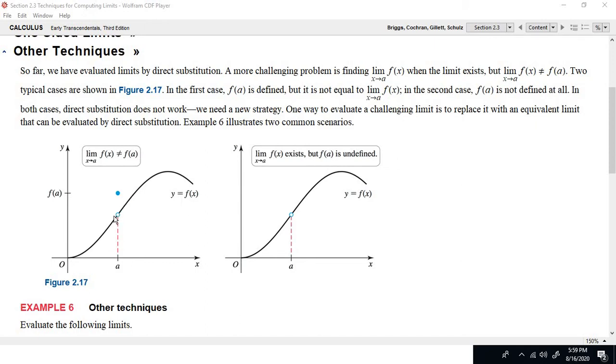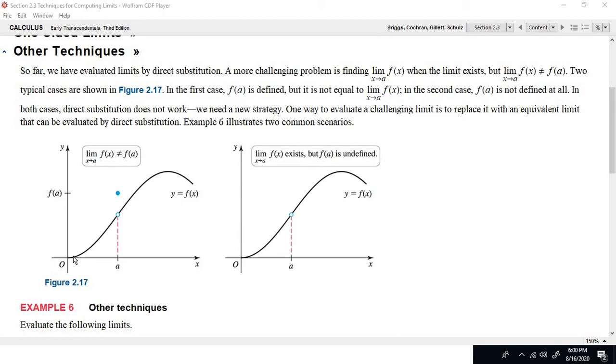It happens to have a hole in it right here. And f evaluated at a is actually at this y value. But notice that the limit as x approaches a of f of x is actually this y value right here, which is below f of a. We know that because if you approach a from the right-hand side, you can see the y value is getting closer to this y value.